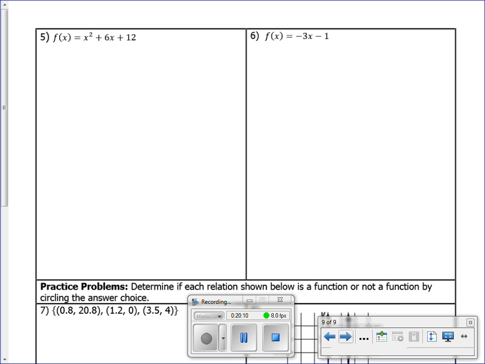For number 5 and 6, we need to plug those into our calculator. Again, it's still asking you what the domain and what the ranges are.